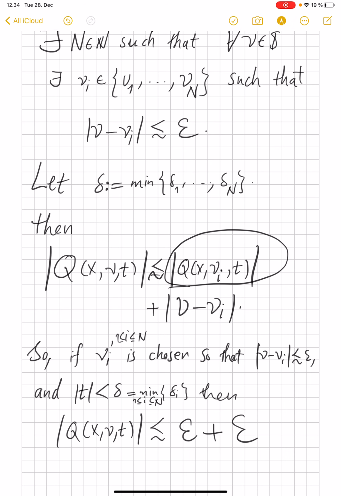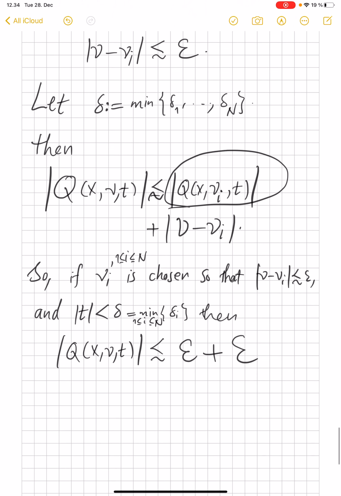And for the other one, we had this approximation of v by vi, and that is, of course, less than epsilon.